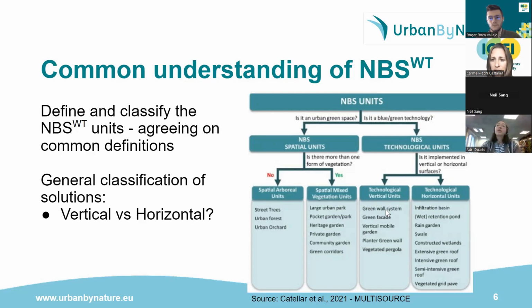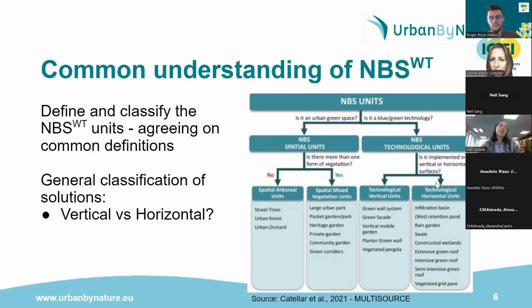Vertical units might include green wall systems, mainly, and the horizontal units will be a more diversified group of different NBS, including infiltration basins, wet retention ponds, rain gardens, swales, constructed wetlands, vegetated roofs, etc.